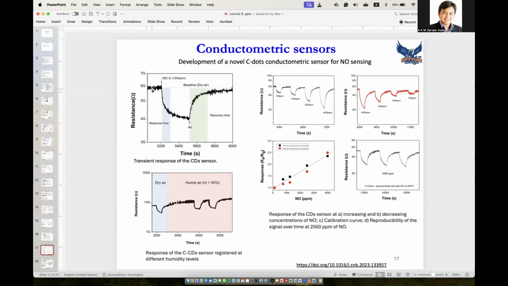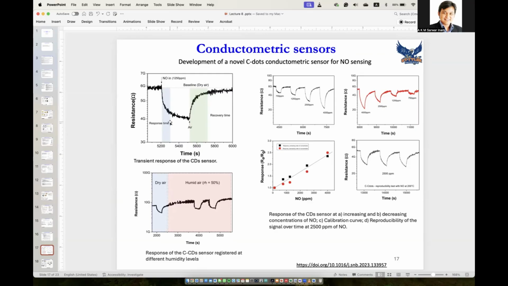The dynamic response of this carbon dot sensor was verified by testing the sensor at a concentration of 1250 ppm nitric oxide at an operating temperature of 200 degrees Celsius, and the quantified response and recovery times amount to approximately 90 seconds and 200 seconds.